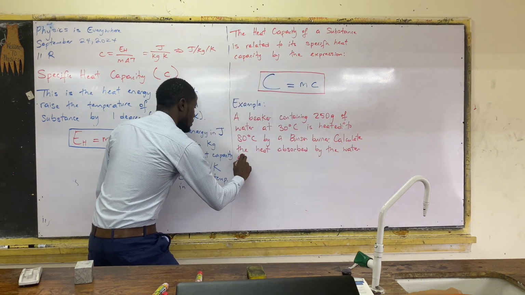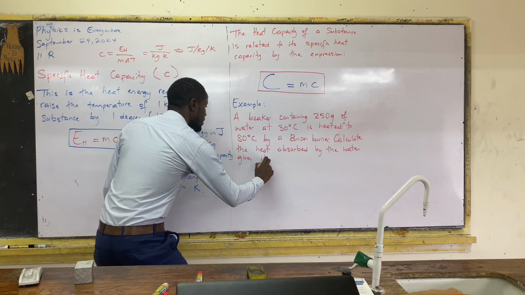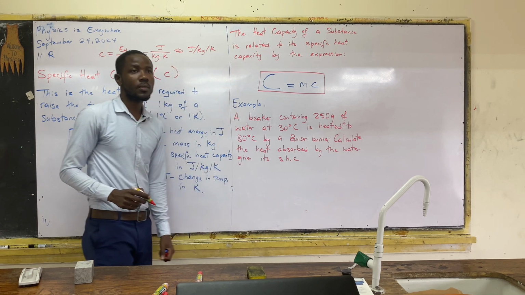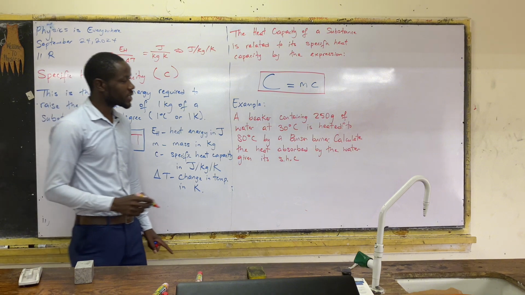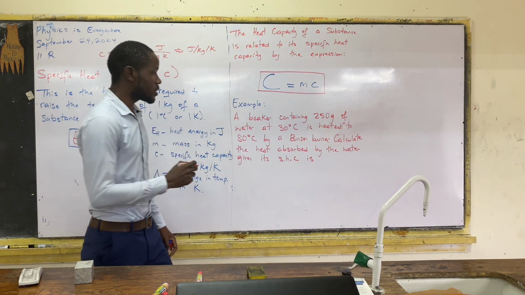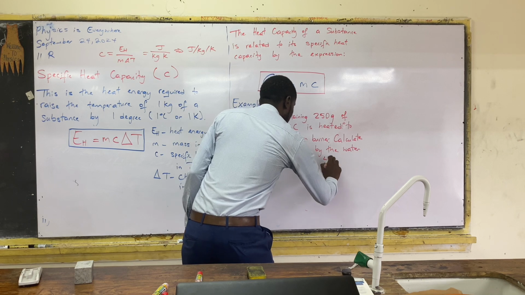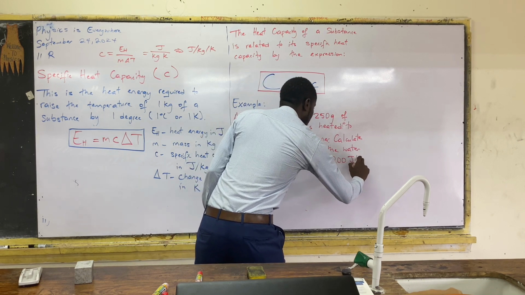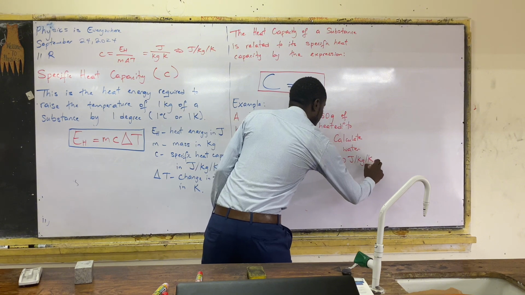Specific heat capacity is this value. You're going to see it quite often: 4200 joule per kilogram per Kelvin.